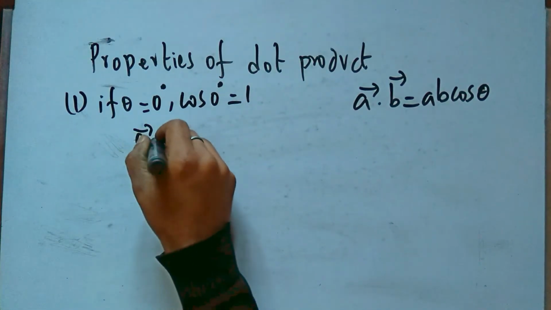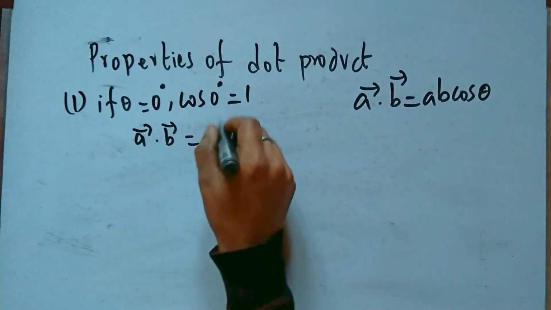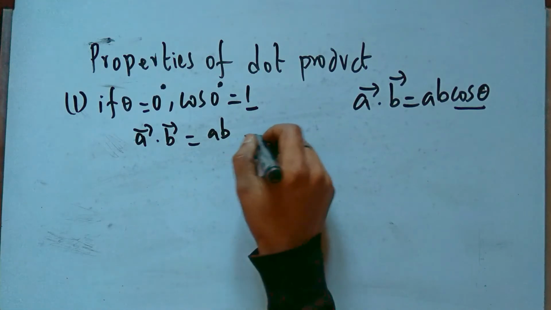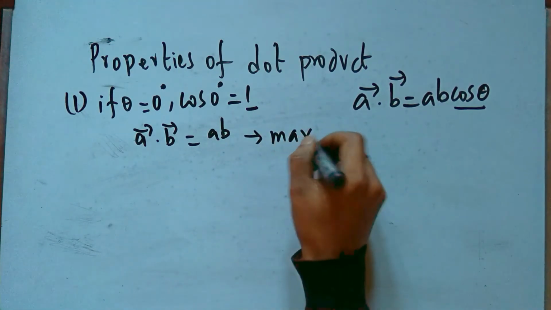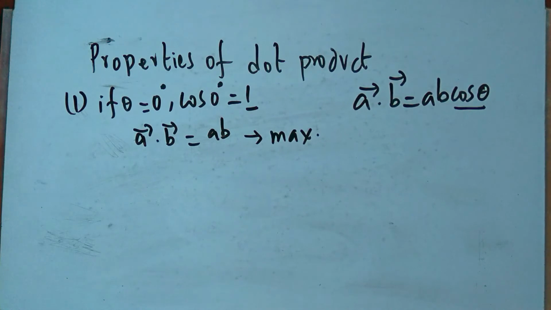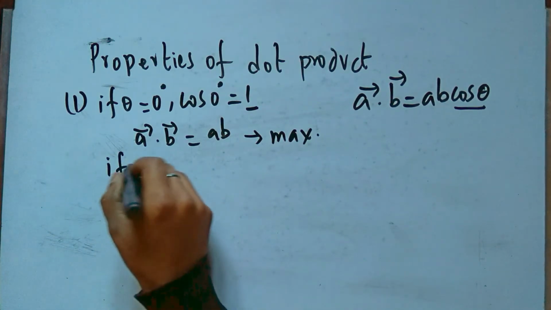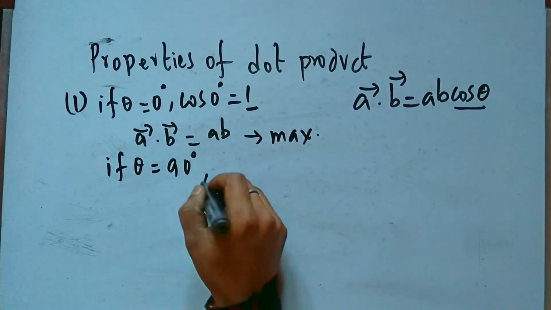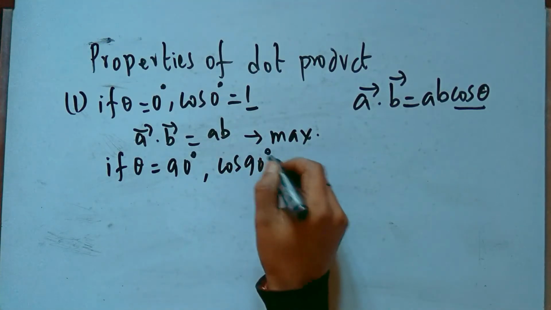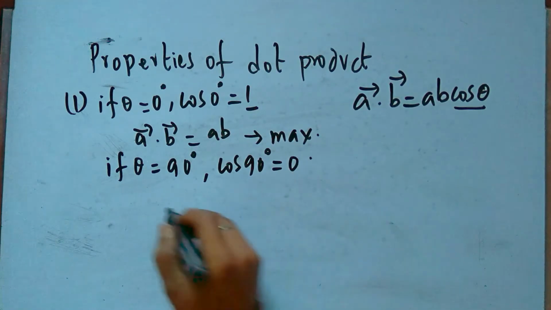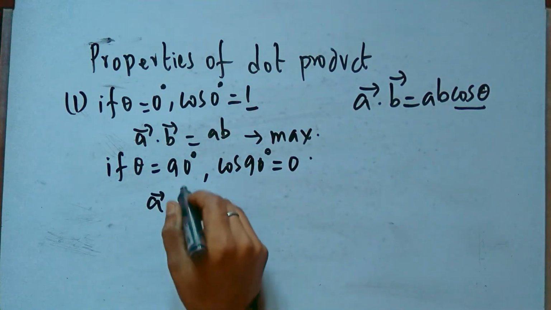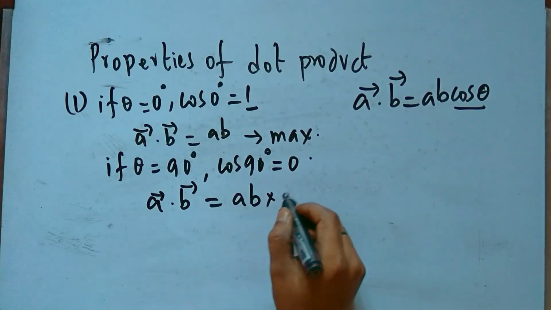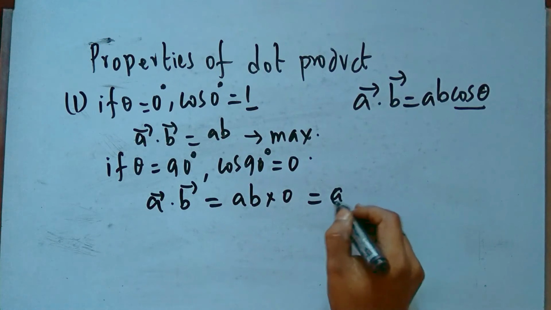So dot product of A and B is equal to AB, where cos theta is 1. So this is the maximum value of a dot product. If theta is equal to 90 degree, cos 90 degree is equal to 0. So A dot B is equal to AB times 0, which is equal to 0.